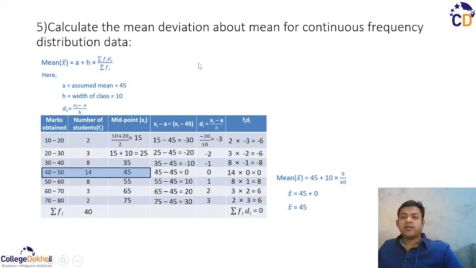Now to get the last column, we multiply f and d. We can also find the total of the last column using the calculation. The formula for mean would be assumed mean plus class interval times summation fd by summation f. So my final value comes out to be 45. So the mean for this set of data is 45.